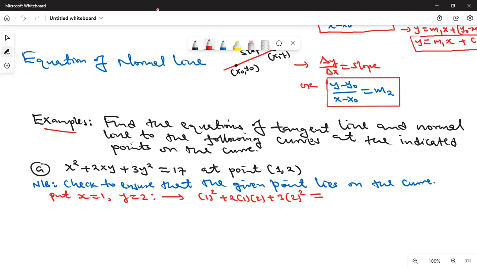That is 1 plus 4, that's 5. 5 plus 12, that is 17. So therefore, that means the given point satisfies the equation. This means that point 1, 2 lies on the curve.